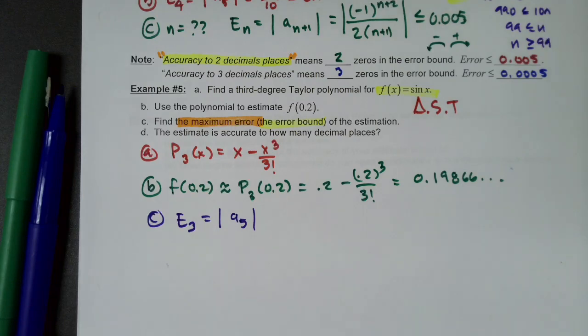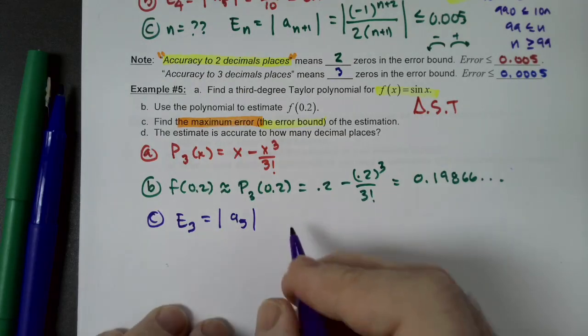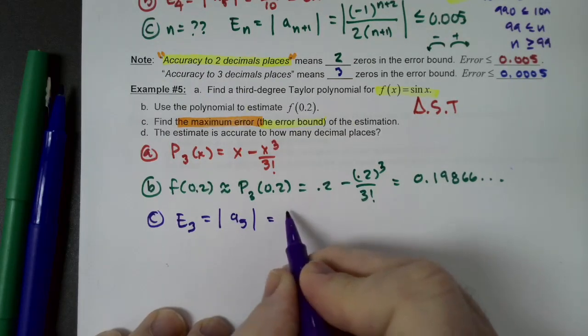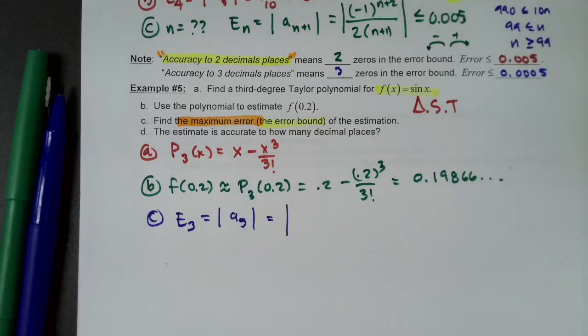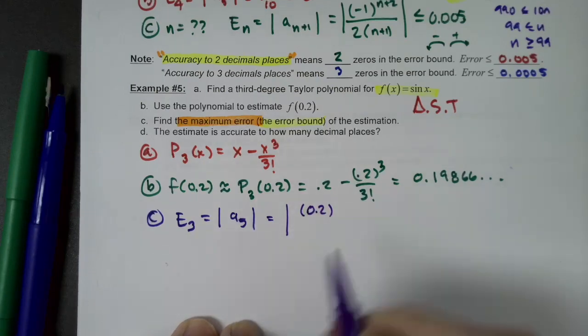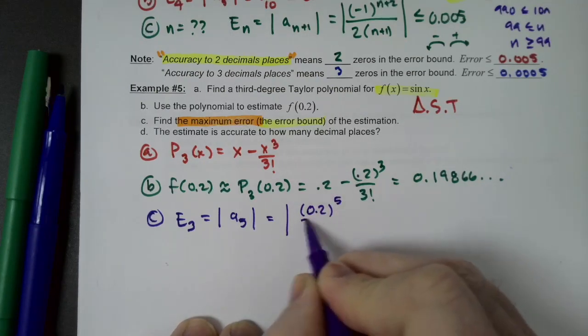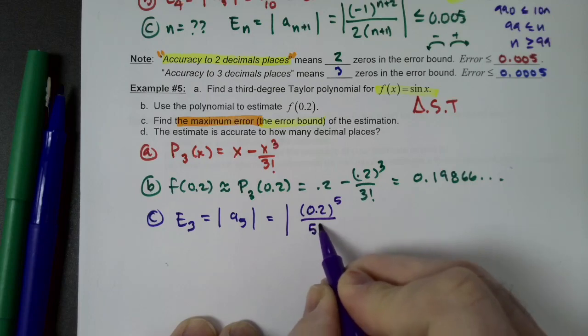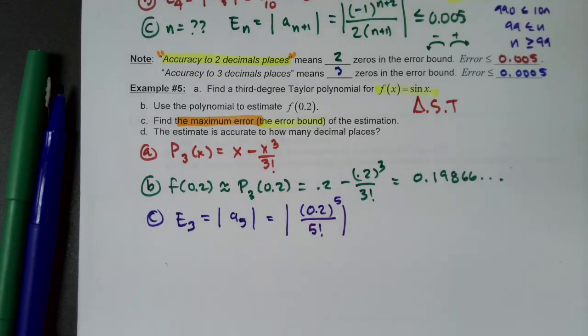Okay? Because that's just the way these terms are set up, right? So, what's that going to be equal to? It's going to be the absolute value of x, or 0.2, to the 5th power divided by 5 factorial. Okay? So, you've got to know your series.